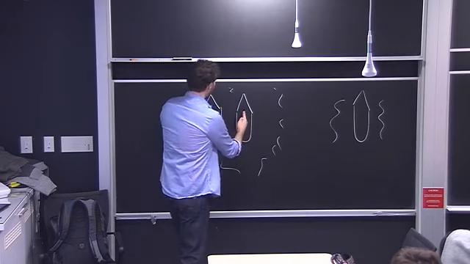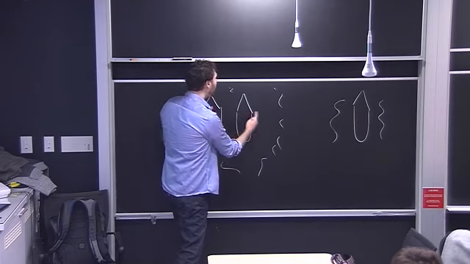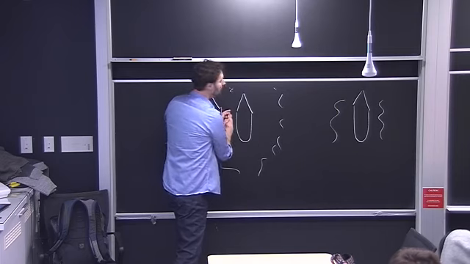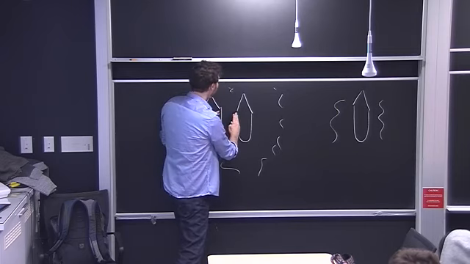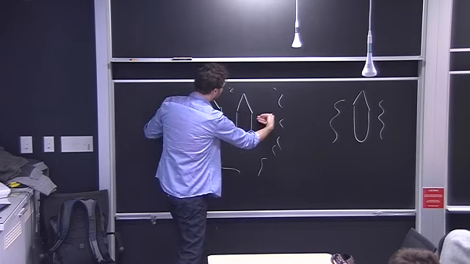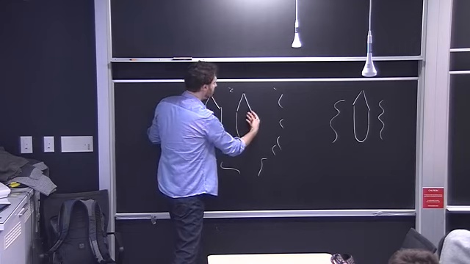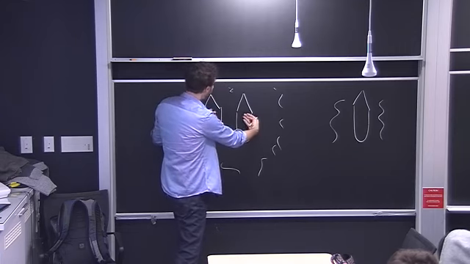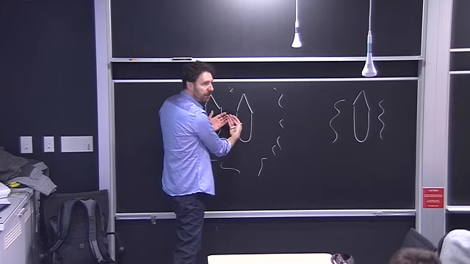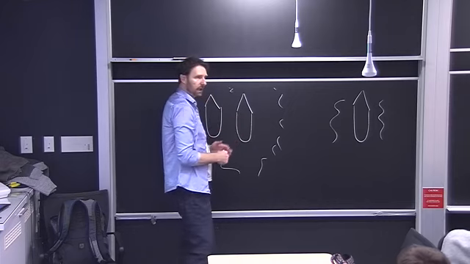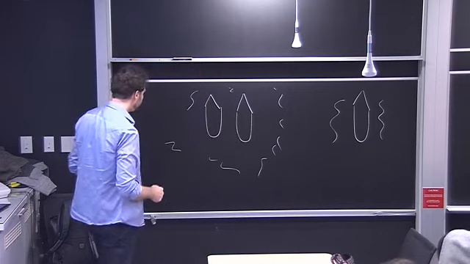But when two ships are close to each other, then there are more waves outside than inside. So they are going to be hit harder from the outside than from the inside, and there's a net pressure, therefore, that makes the ships approach each other. And sailors have to be careful with this.